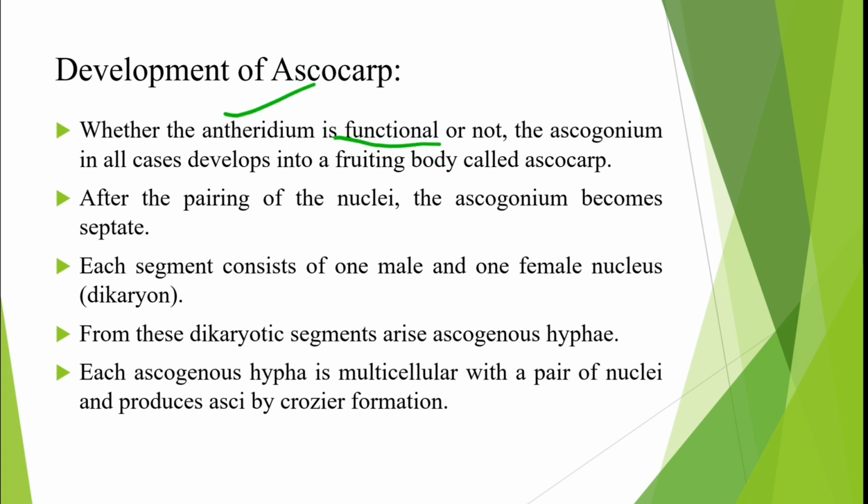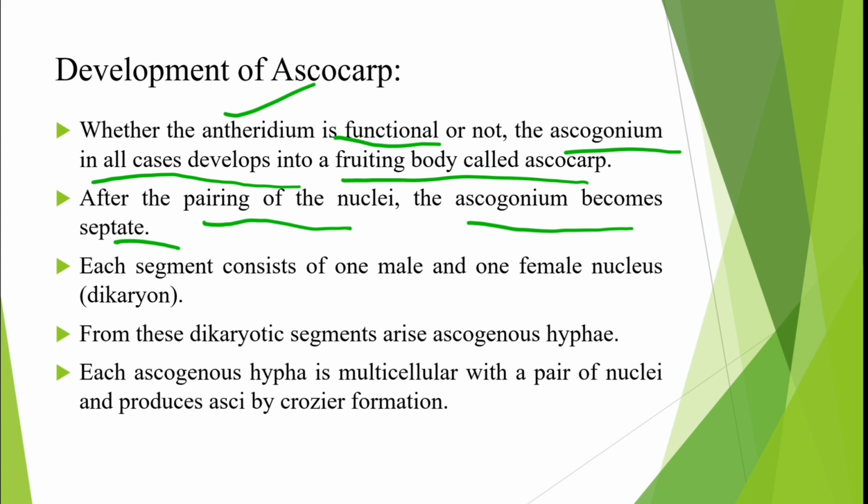Next, the development of the ascocarp. Whether the antheridium is functional or not, the ascogonium in all cases develops into a fruiting body called ascocarp. After pairing of male and female nuclei, the ascogonium becomes septate, separate from other parts of the mycelium. Each segment consists of one male and one female nucleus.